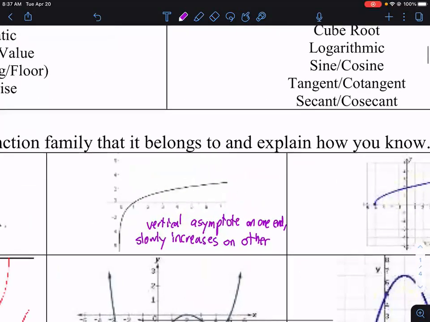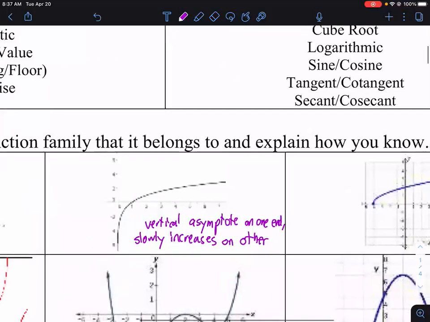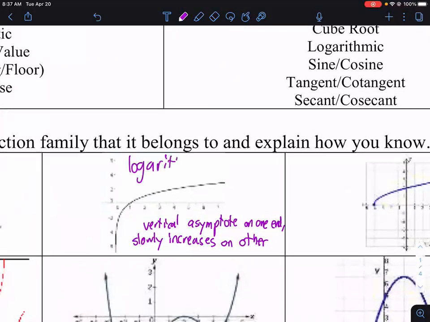This one was logarithmic. So this was from Unit 4 this year, end of first semester. Okay, so again, logarithmic is characterized by having a vertical asymptote on one end. If you remember, let's just say log base 2 of x. X cannot be 0, and x cannot be negative, right?